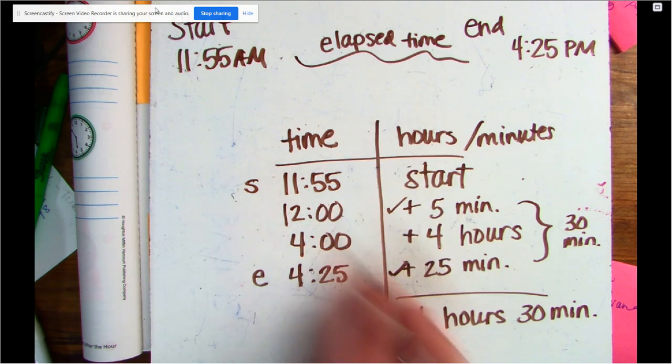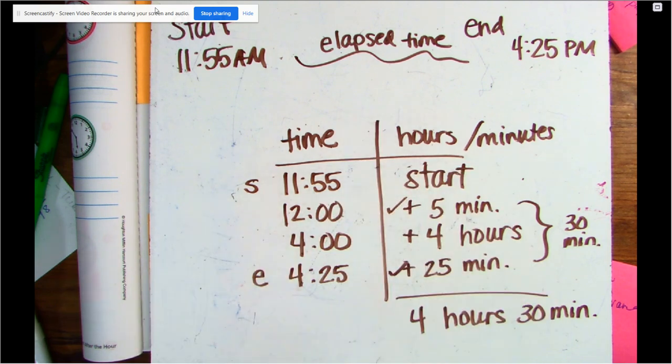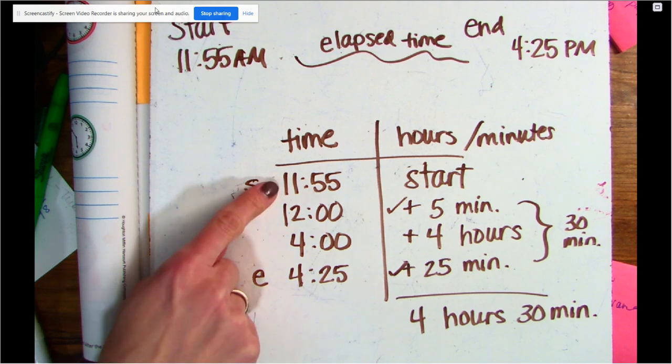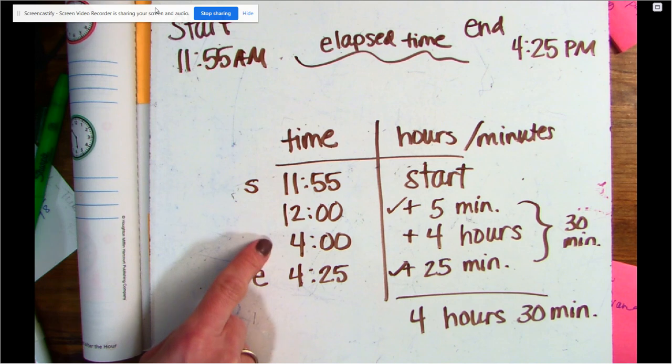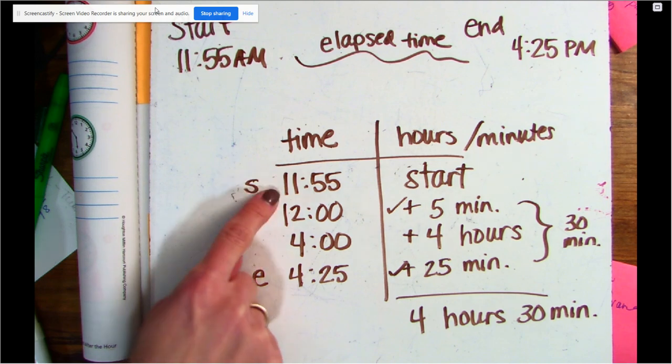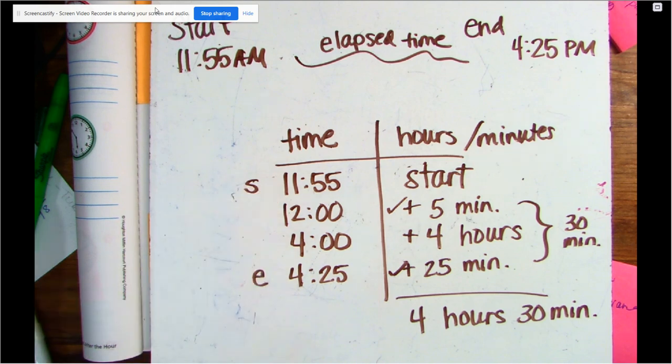And using this T-chart is a nice resource for you. It helps you to kind of take the time in little chunks, right? Little bite-sized pieces. You might be able, right, to do it in your head. Maybe you can do it on a regular clock, okay? But not everybody can. So this is one way to kind of pull it apart or deconstruct it, to take it apart.